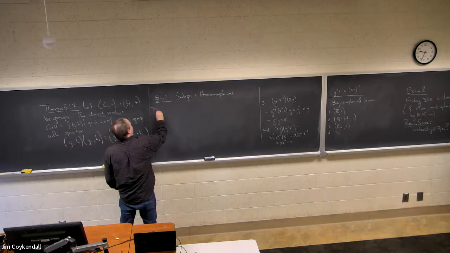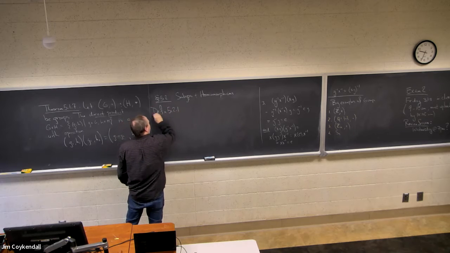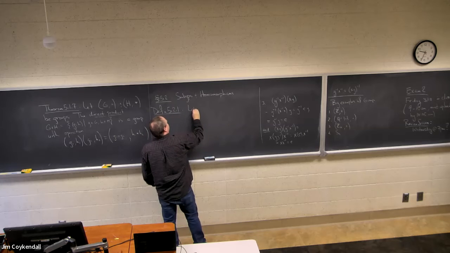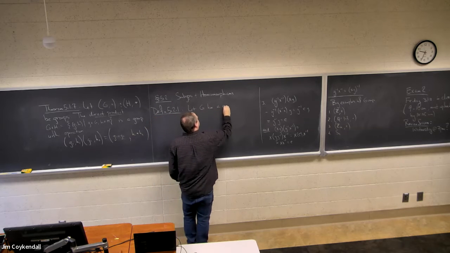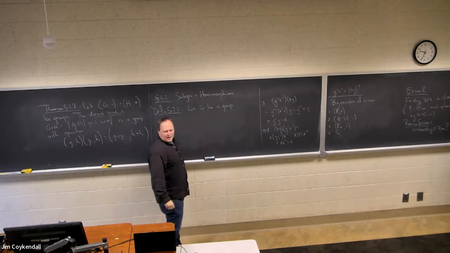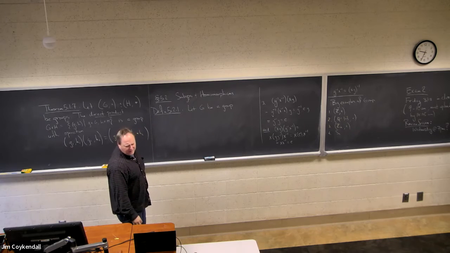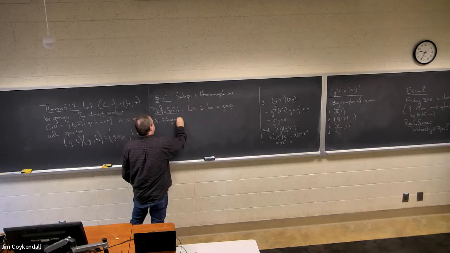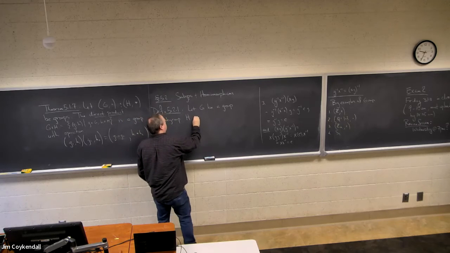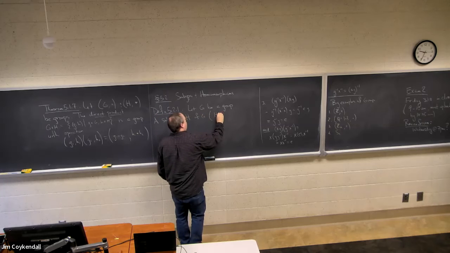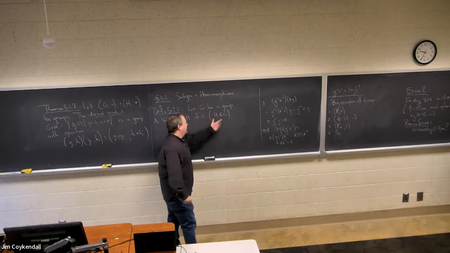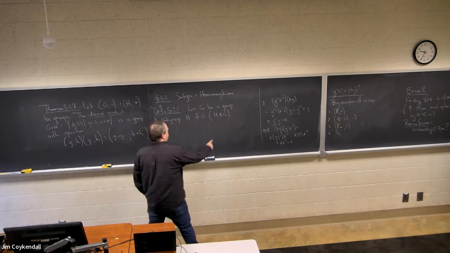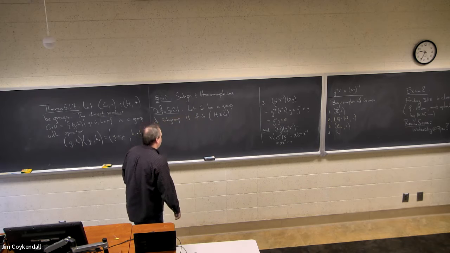Definition. Let G be a group. Group theorists use this less than or equal to, sharpened, instead of the subset notation, but I'm not going to pick on you too much about that.